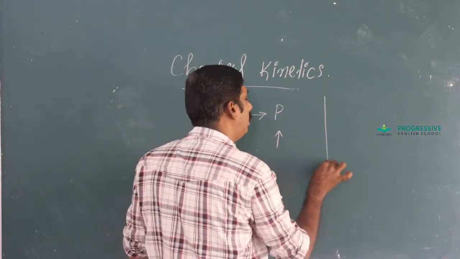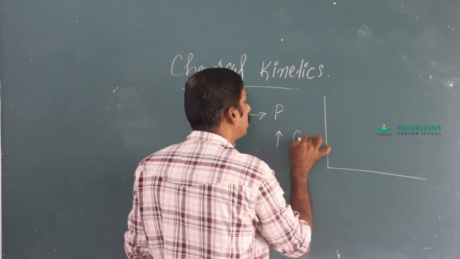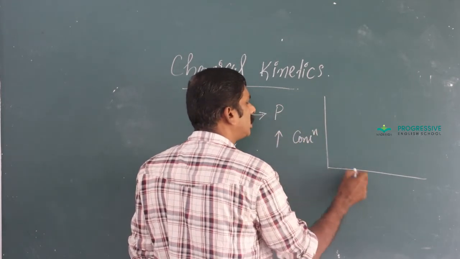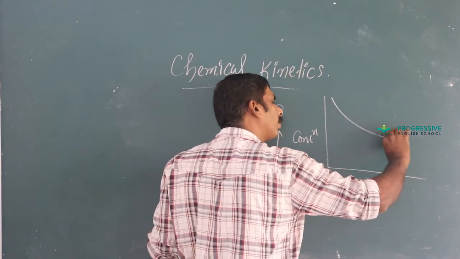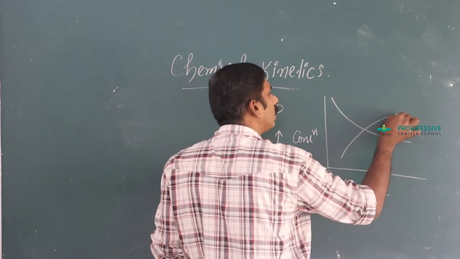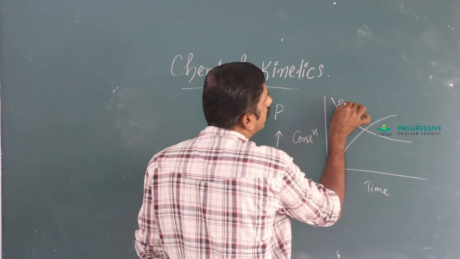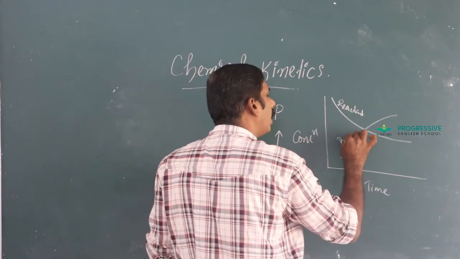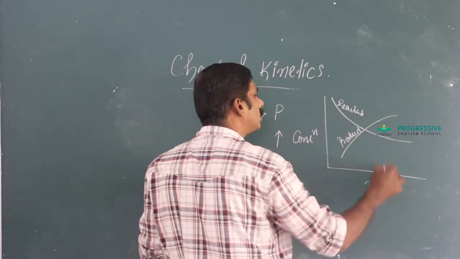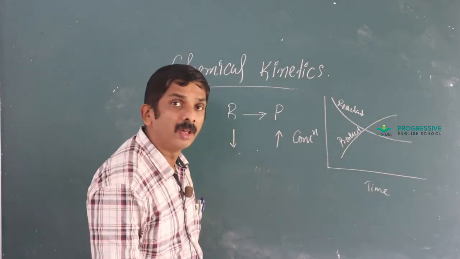Here is a graph of concentration against time. Here the reactant concentration decreases and the product concentration increases.